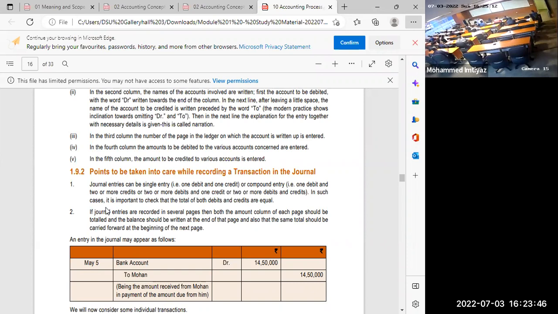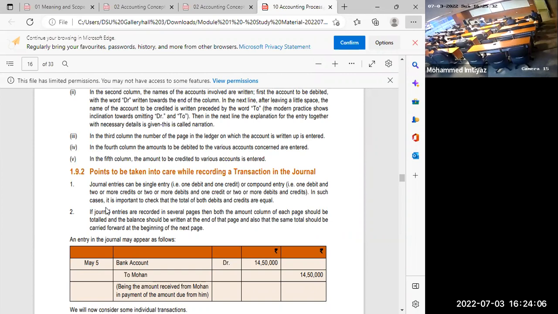Okay, your account is credited, meaning your account in the bank is credited. In your books, you have to debit your bank. That's the logic. So don't get confused, it's simple. Whenever you receive money, keep one simple rule.